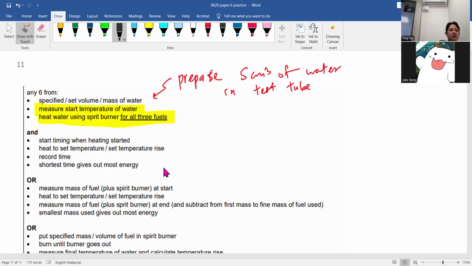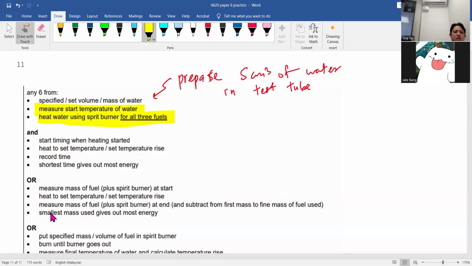Measure the mass of fuel at the start. You heat until, let's say, 10 degrees Celsius, and then you measure how much fuel was used. I think this one is easier.